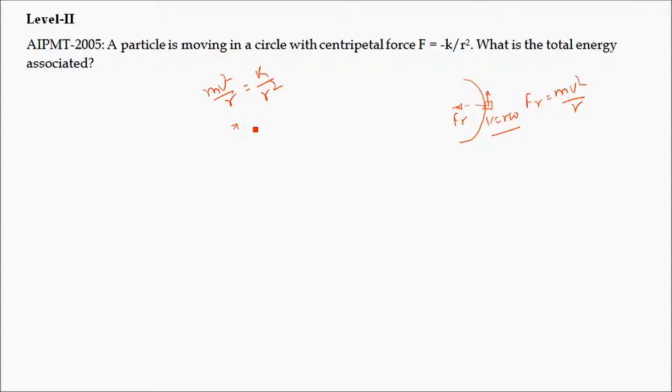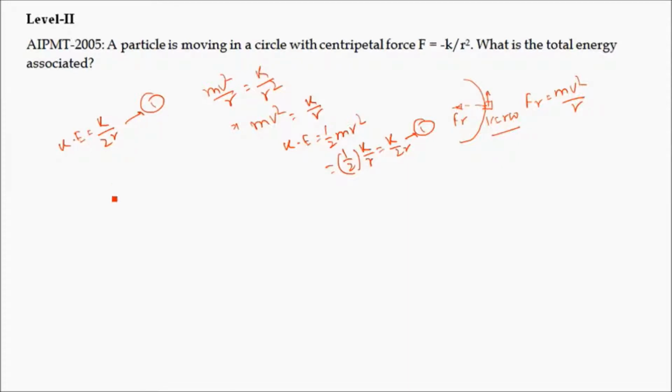So we get mv square equal to k by r. Clearly the kinetic energy is half mv square, and if I put the value of mv square, we get the kinetic energy equal to k by 2r. This is the first equation: kinetic energy is equal to k by 2r.